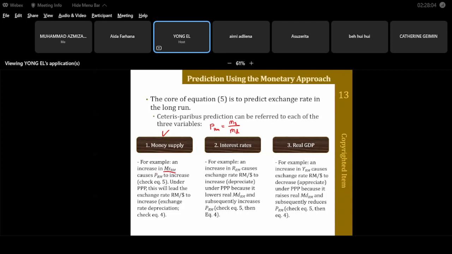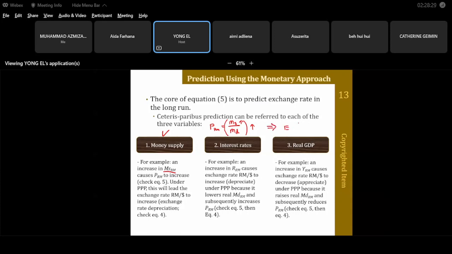Now, when Malaysia's money supply increases, the ratio here becomes higher, right? And then we can look at the impacts on the exchange rate.